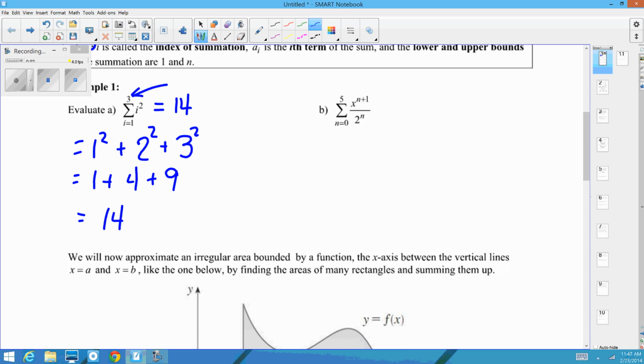This one looks a little bit more complicated. It's not too bad. Here, our variable is the n. That's what we're plugging things into. The x is just going to stay there.